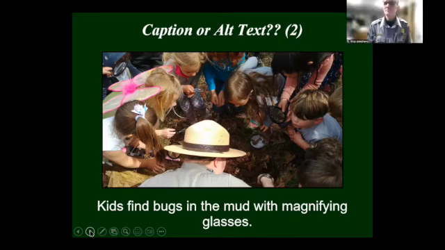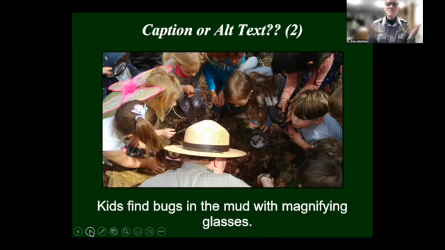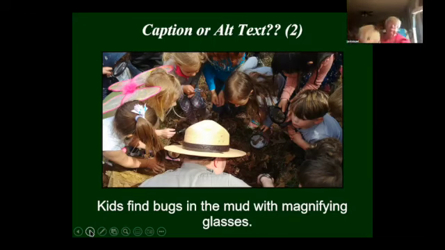Yes, that's true. And again, it's not really describing what you see. How do you know they're looking for bugs? You don't. That's an assumption. I mean, you're in the mud. And again, that's an interpretation. They're looking at mud. I don't see any bugs in the picture. You may have had context earlier on.